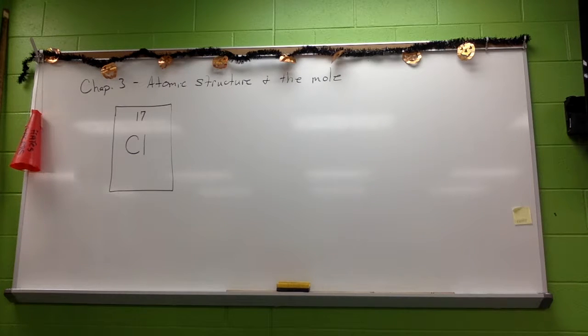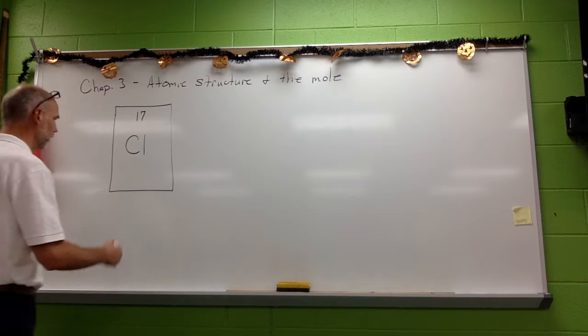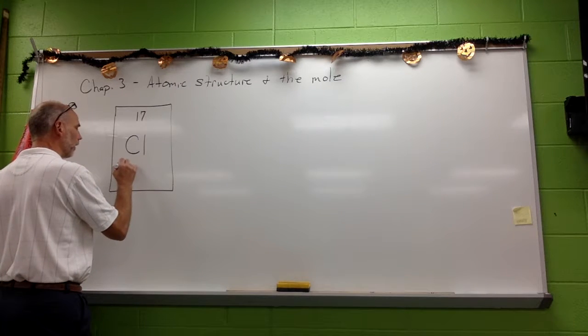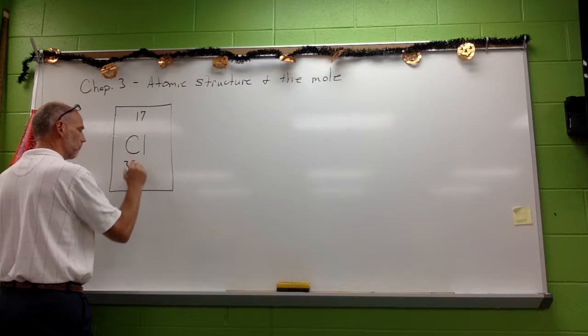Oh, by the way, you'll want your periodic table out in front of you probably nearly every day for the rest of the year. So just like you take out a pencil or a calculator, you also need the periodic table. A lot of times there will be another number.